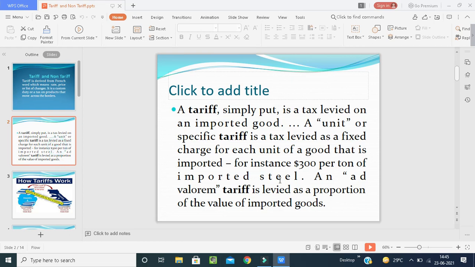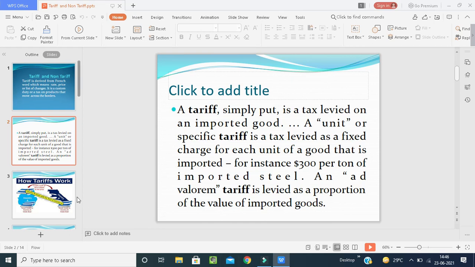A specific tariff is a tax levied as a fixed charge for each unit of a good that is imported, for instance $300 per ton on imported steel, and an ad valorem tariff is levied as a portion of the value of imported goods. We have different kinds of tariffs. A tariff can be on the basis of bulk quantity, per unit, or per percentage of the goods' value. Already we have discussed this in yesterday's class.